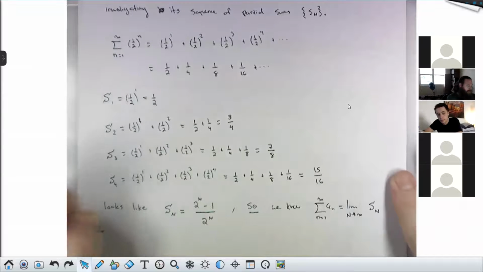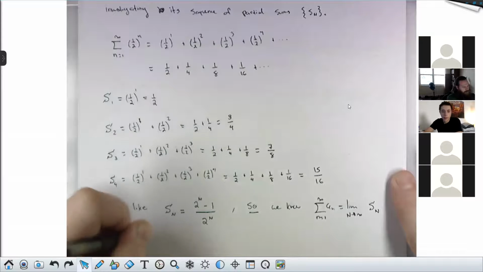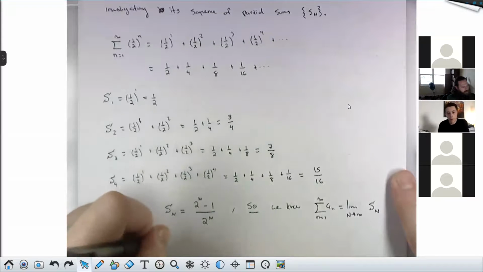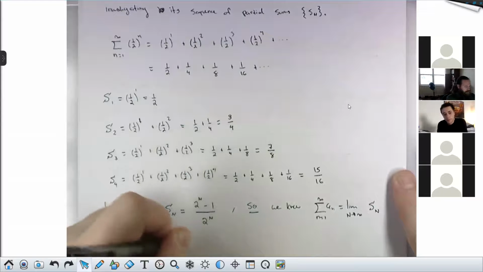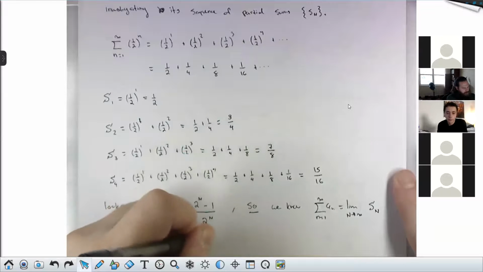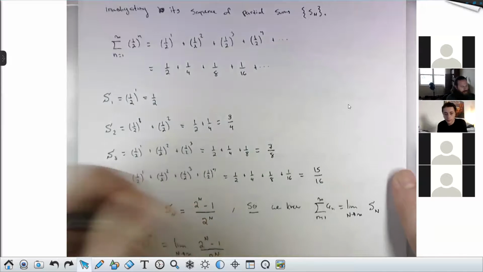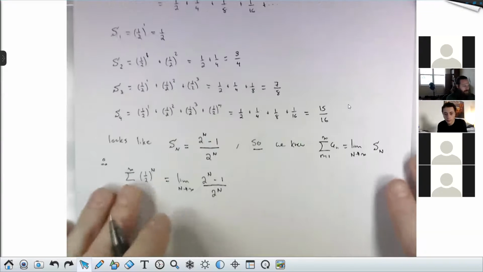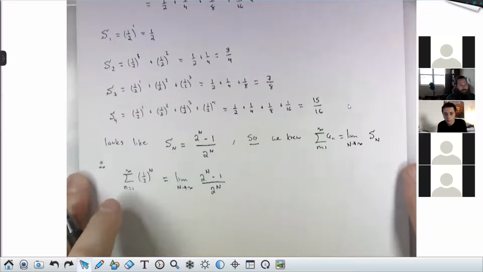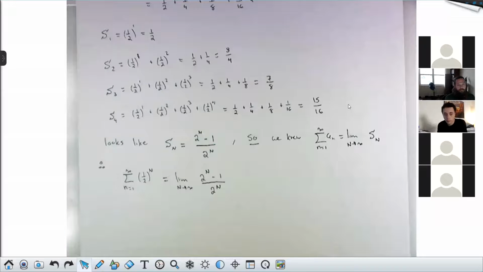Therefore, the sum from n equals 1 to infinity of 1/2 to the n should be the limit as capital N goes to infinity of 2 to the n minus 1 over 2 to the n, like this. You guys with me on this?